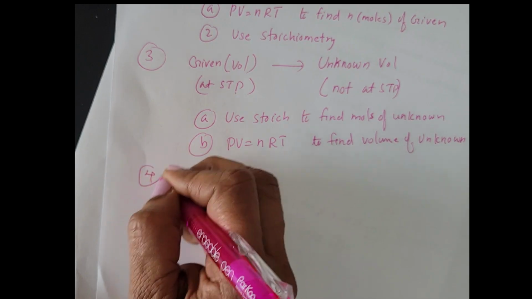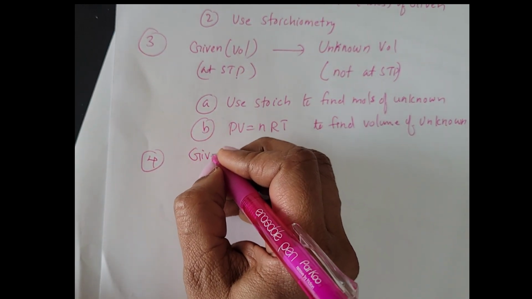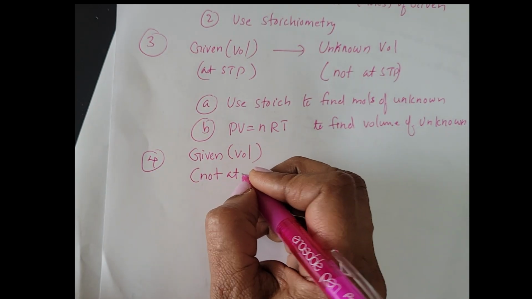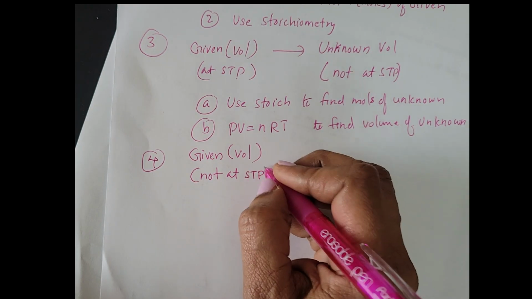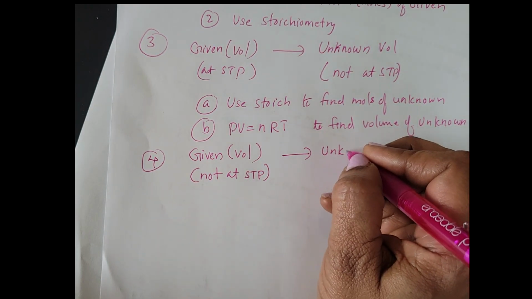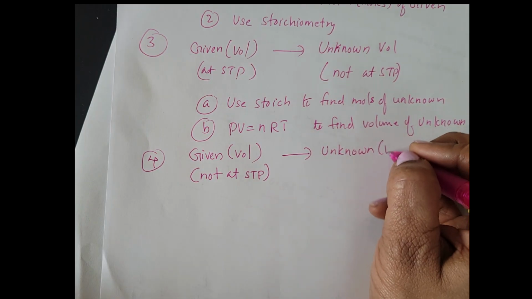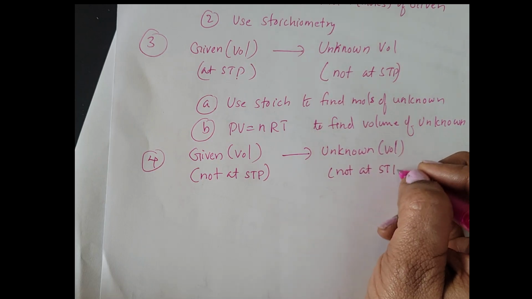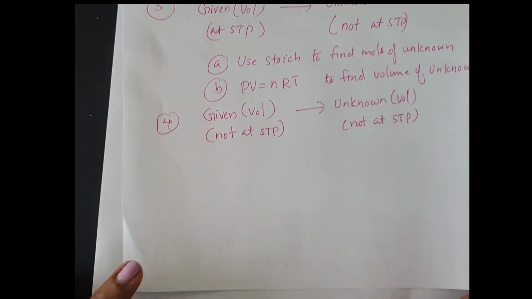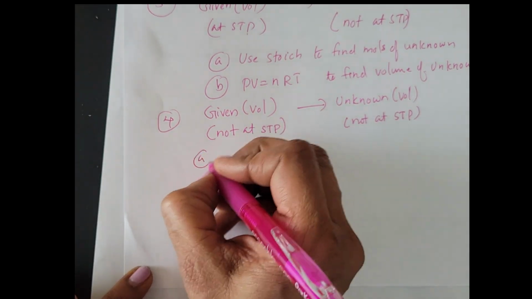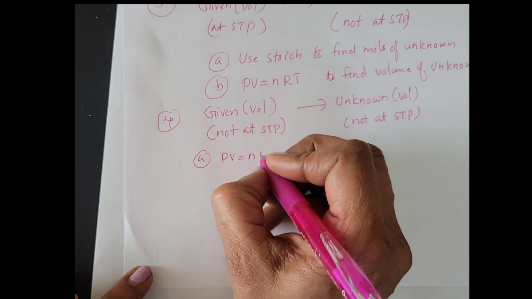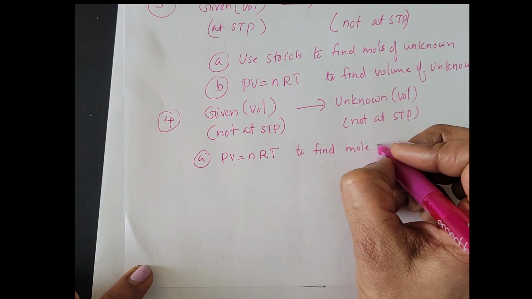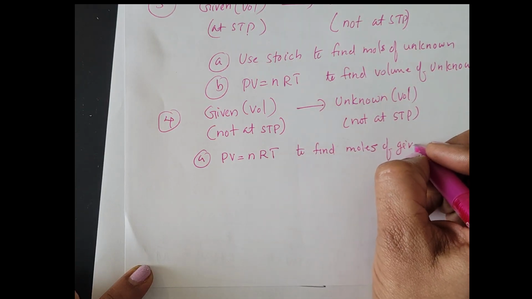Now you can think about the fourth type. Given is volume which is not at STP condition, and the unknown is volume which is also not at STP. This will be the longest you will get: 3 steps. Since it is not at STP, first step you are using PV equals nRT to find moles of given.